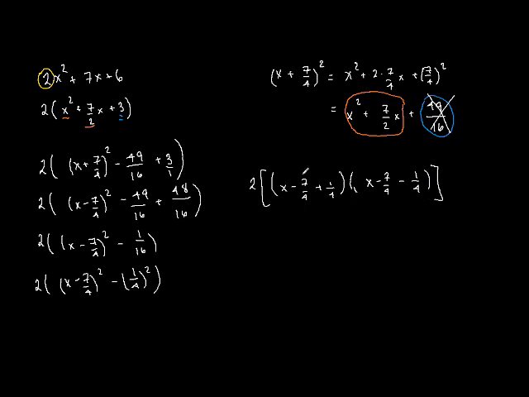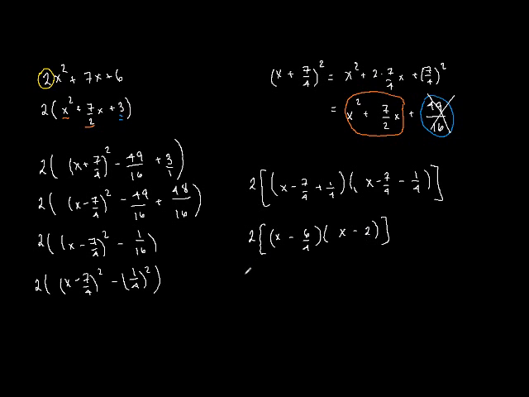So it's first plus second, first minus second. Simplifying this gives me 2 times x plus 7 over 4 plus 1 over 4, which is 8 over 4, which is 2, times x plus 7 over 4 minus 1 over 4, which is 6 over 4, or 3 over 2.